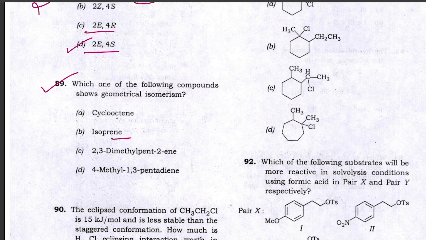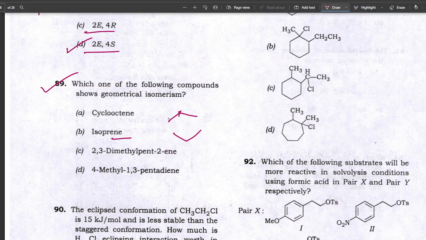But cyclooctane: how can cyclo compounds form geometrical isomerism? For cyclohexene there is no such thing, only the cis is possible, but cyclooctane is the smallest ring that shows both cis and trans isomerism. So you should remember this.